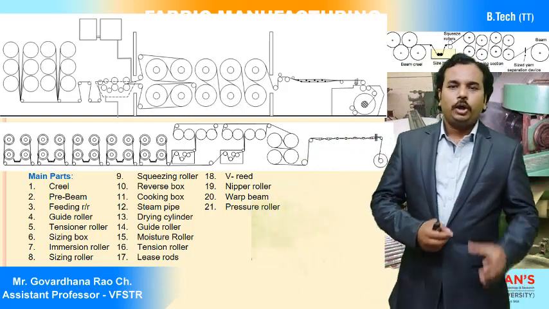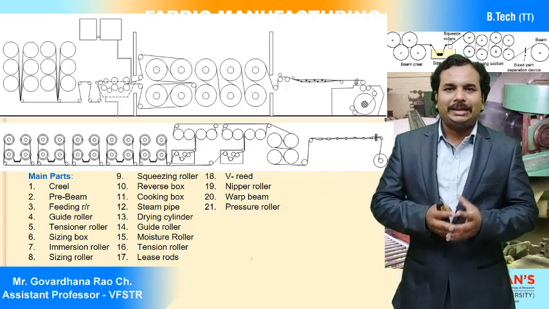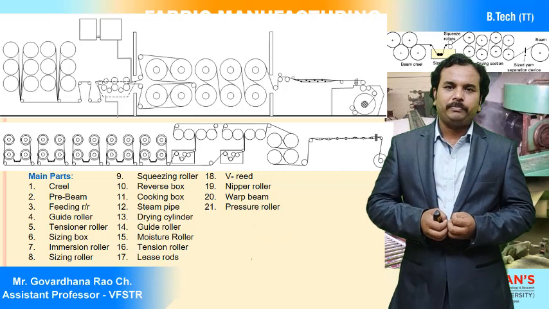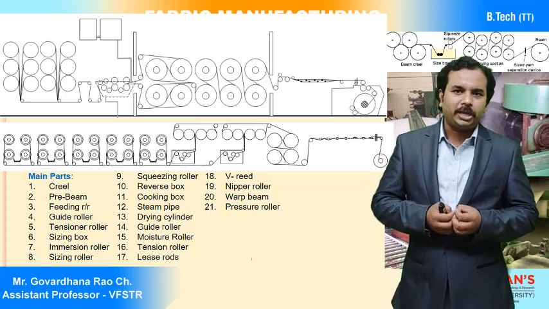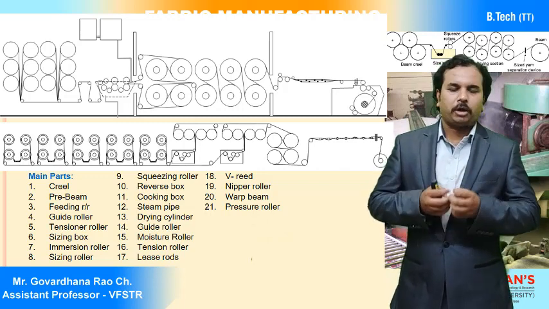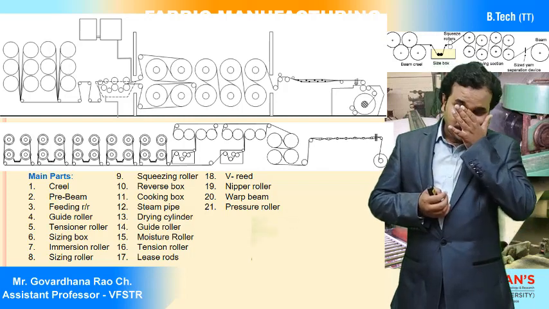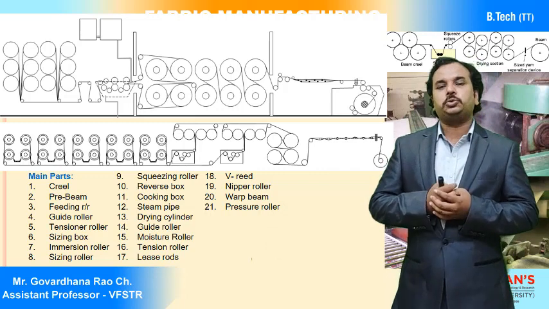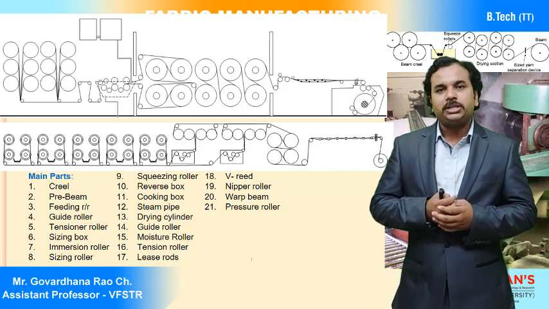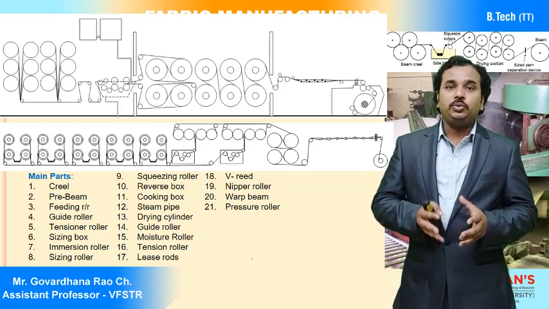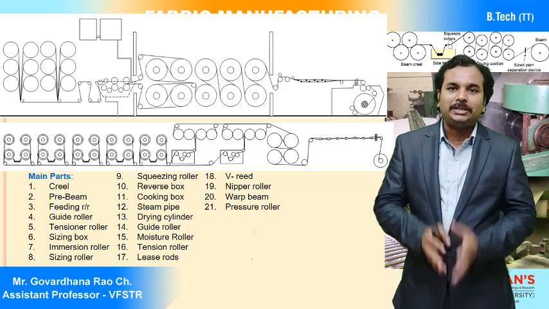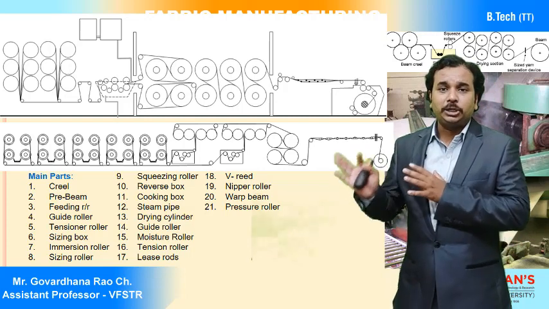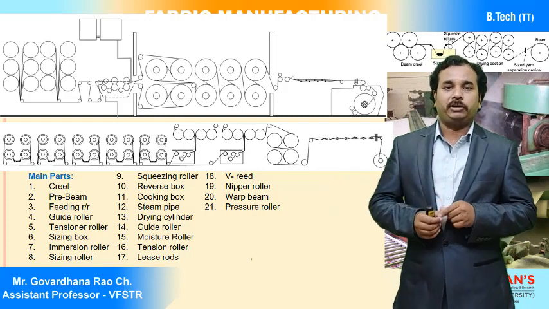Because of the higher end density, and to get good quality size application, we split the warp sheet into two layers. These warp sheets are separately and individually applied with size paste and dried separately, then combined and wound onto the weaver's beam.